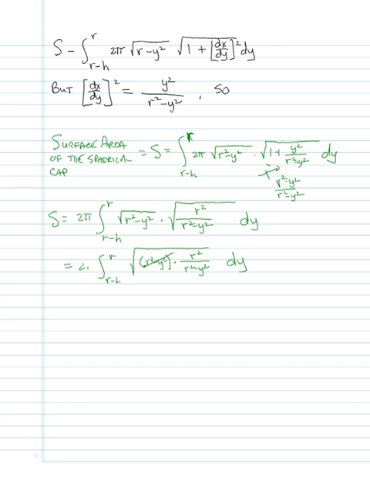And of course, what do we have happen? We have that denominator cancel. So we're left with the square root of r squared. And of course, r is a radius, so that's a positive number. So we end up with 2 pi times the integral from r minus h to r, and the square root of r squared is just r, and we're doing that with respect to y.